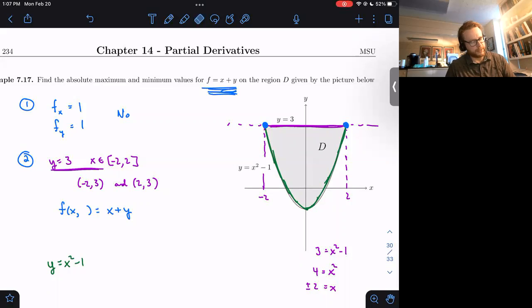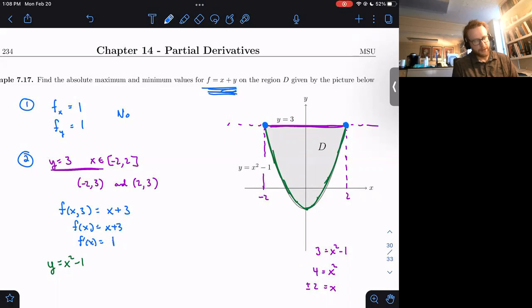So I'm going to swap in 3 instead of y. So this right here is my single variable function. And again, now we're back in calculus 1 world. I'm trying to find the maximums and minimums, in this case just the critical points, because this is where all the potential mins and maxes will be for this function, x plus 3. So we can take the derivative of it.